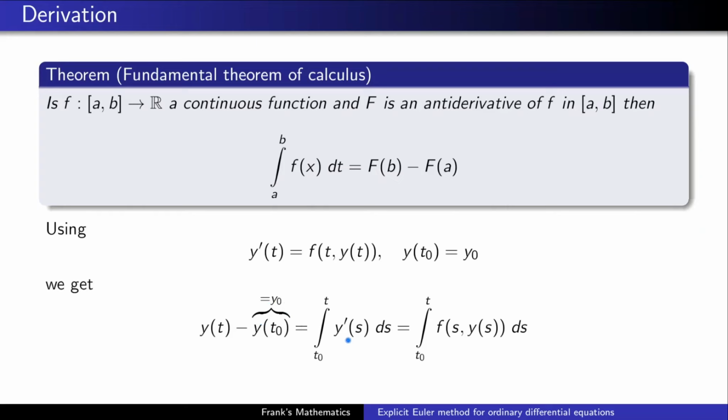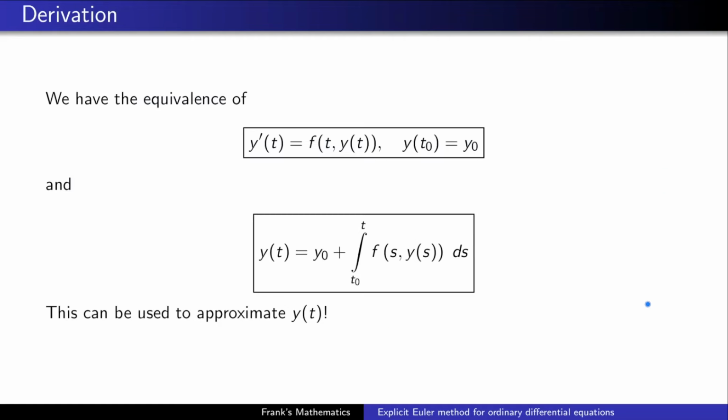On the other hand, we can use the ODE, and we know y prime is f evaluated at y. So we have reformulated our initial value problem using the fundamental theorem of calculus, and we achieve this so-called integral form of the ordinary differential equation, or to be more precise, of the initial value problem. And this is nice because now we can actually approximate the integral here and get an approximation for y of t.